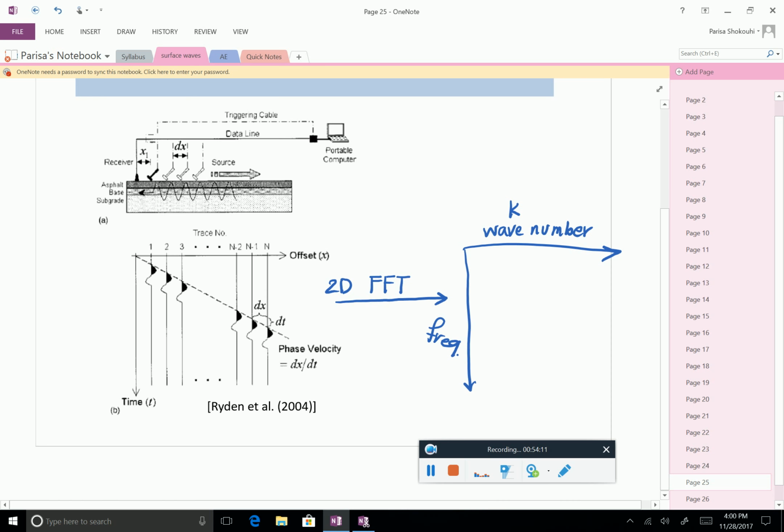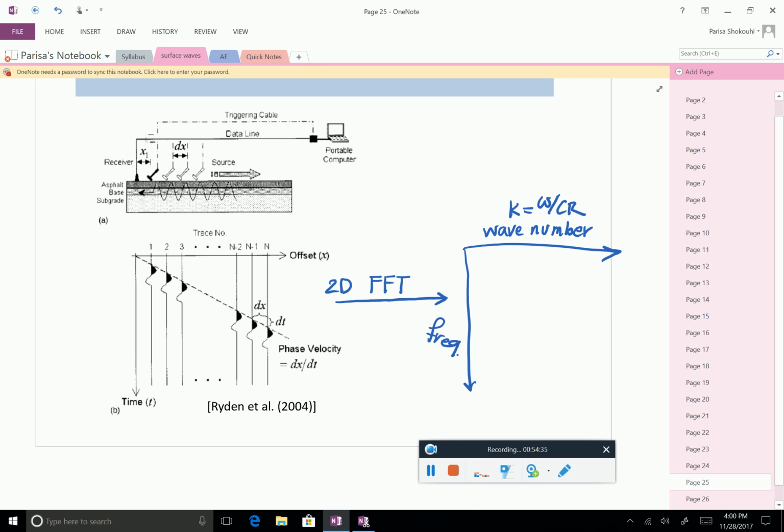So instead of just looking at the fundamental modes that you would do in surface wave testing, you actually look at the whole dispersion curve. I have just written what wave number is, but hopefully you all know. Is this clear?